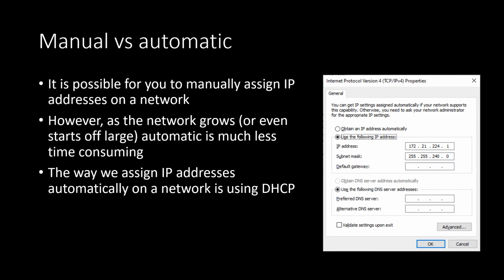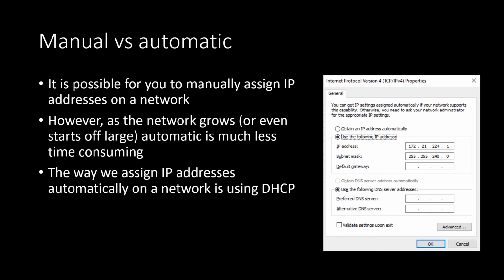Now, it is possible and sometimes necessary for you to manually assign IP addresses on a network. But if you've got a large network, or a growing network, then you really need to consider doing this automatically, otherwise it's going to take up a lot of your time.